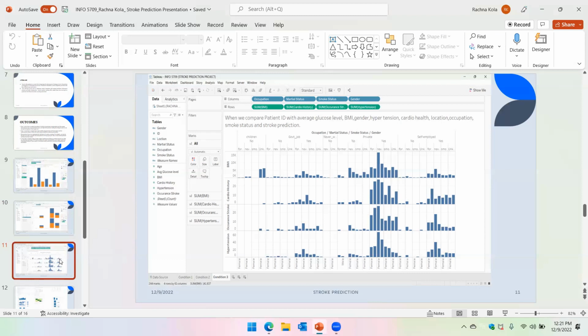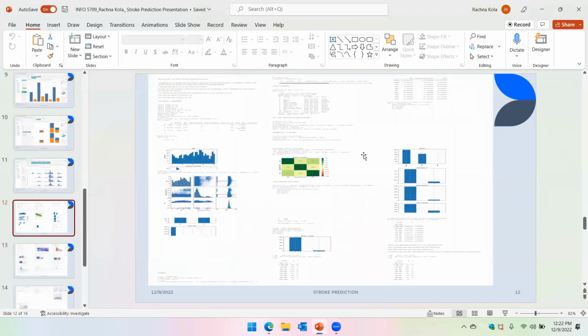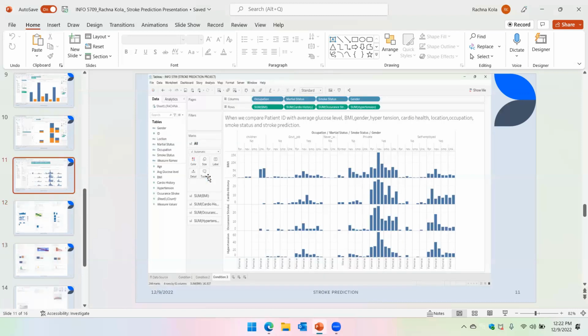So I find from my analysis that I can predict that the people who are working in the private sector and who have not smoked in the past are getting a stroke easily.